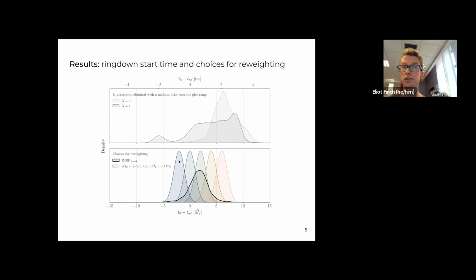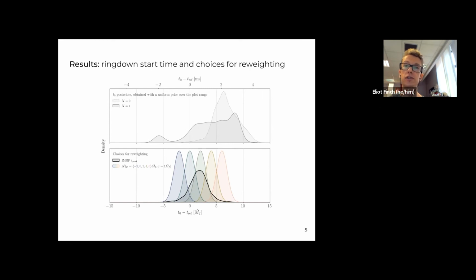But along with these Gaussians, we have this black curve. Now this is actually a posterior on the time of peak strain from a separate analysis. An IMRPhenomPv2 waveform was used. And the idea here is, say we want to make a claim about whether there's an overtone at the time of peak strain.